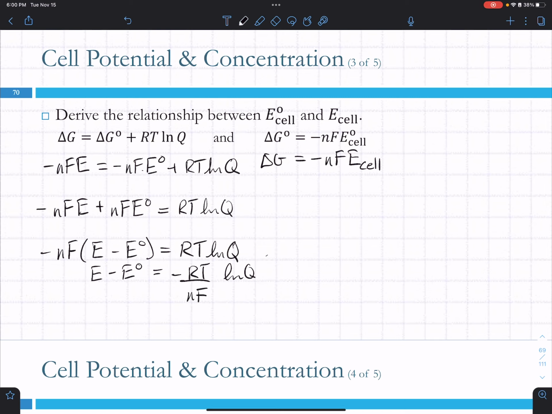I'll move this up here: E is equal to E0 minus RT over NF natural log Q. It's just a lot of algebra.